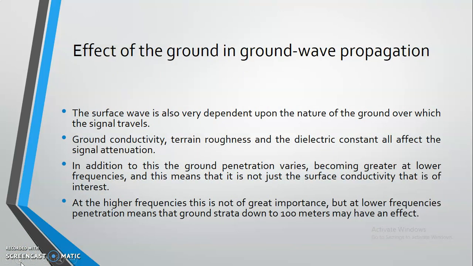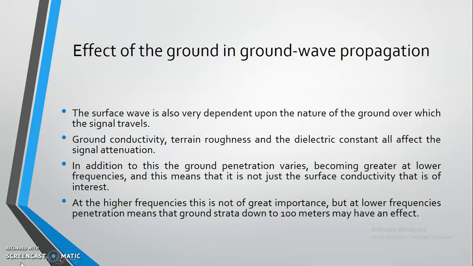The effect of ground in the ground wave propagation. The surface wave is very dependent upon the nature of ground over which the signal travels. Ground conductivity, terrain roughness and the dielectric constant all affect the signal attenuation. In addition to this, the ground penetration varies, becoming greater at lower frequencies, and this means that it is not just the surface conductivity that is of interest.